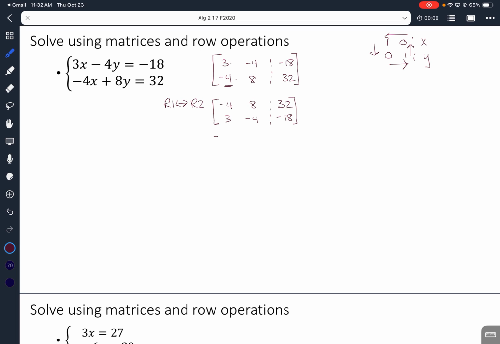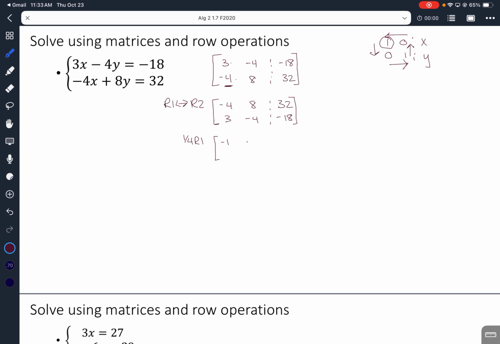Okay, now I should do negative 1/4 R1 because I need a positive 1, yes? But I'm also going to need the negative to get rid of the other, aren't I? So I'm just going to leave it a negative right now, and I'm just going to say 1/4 R1. Now this isn't necessary.